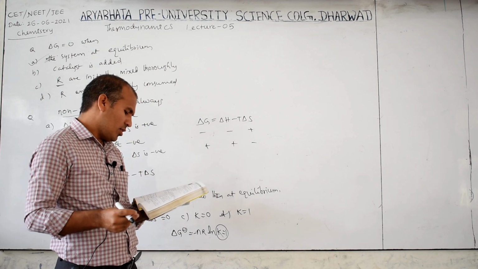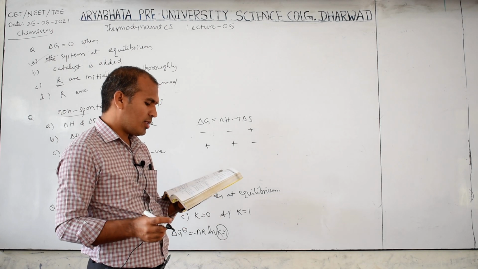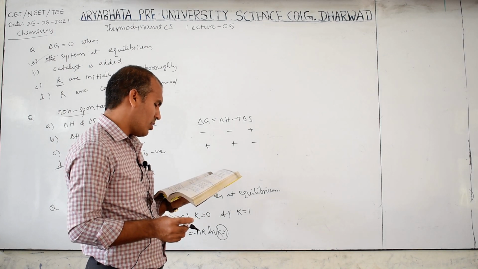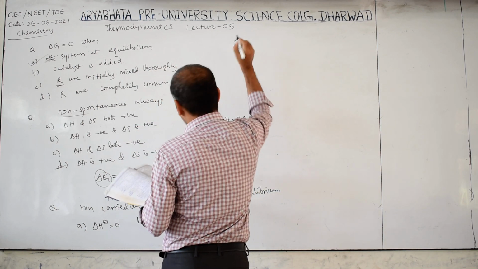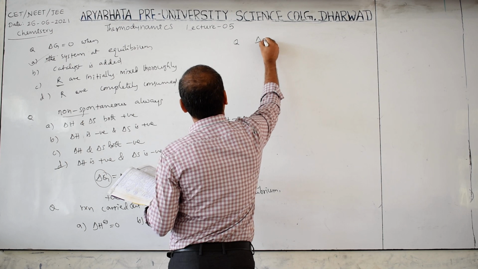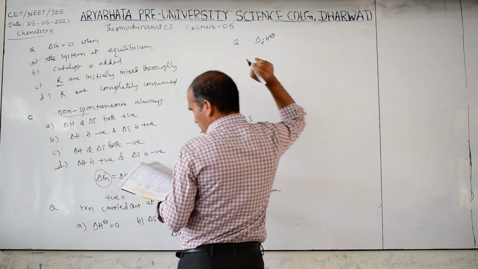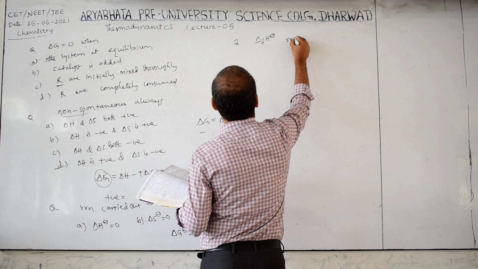There is no doubt. So the next question is: which of the following values of standard enthalpy of formation represents that the product is least stable?